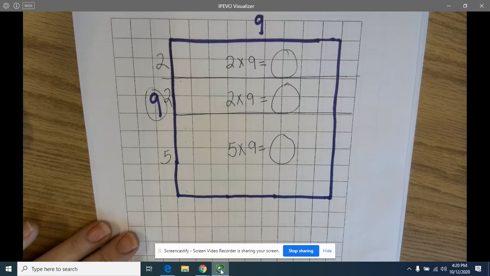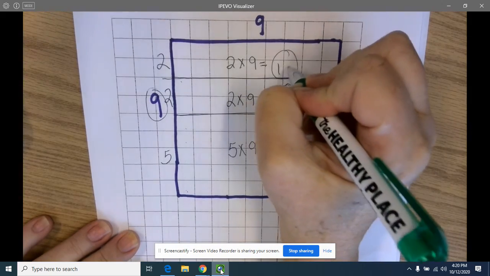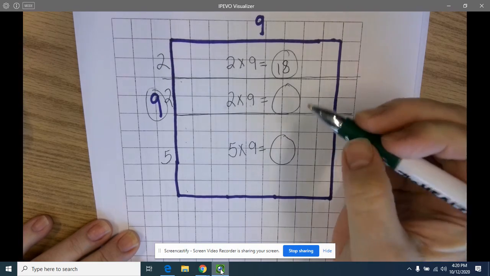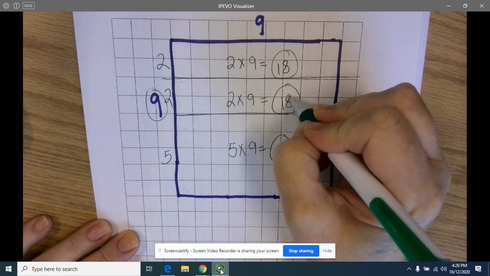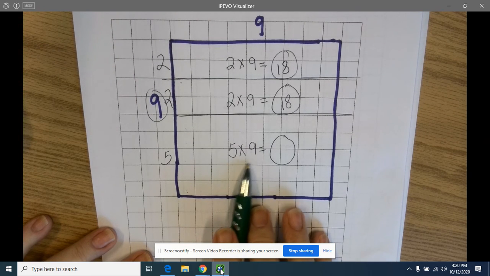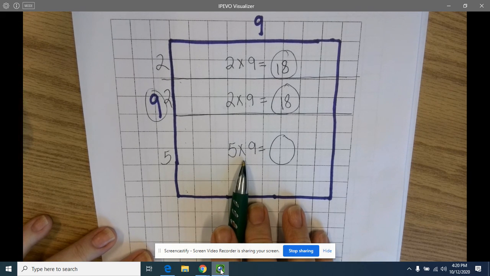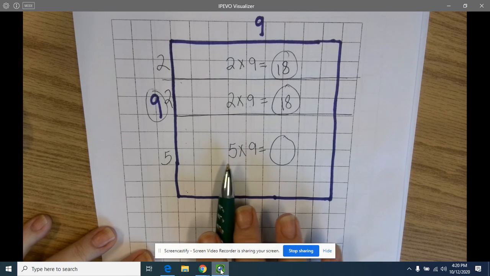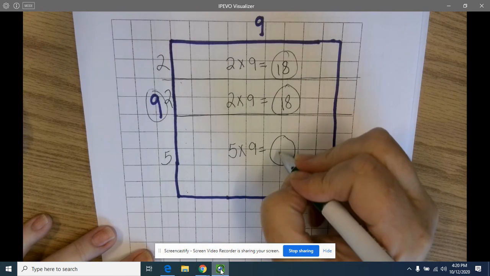Everybody say it? I think I heard 18. So another 2 times 9 is what, everybody? 18. Remember, if we're fluent, we know our 5 times 9. If we're counting by 5s 9 times, we're still skip counting, and that's fine for the beginning of 4th grade. We just need to know these eventually. So 5 times 9 is 45.